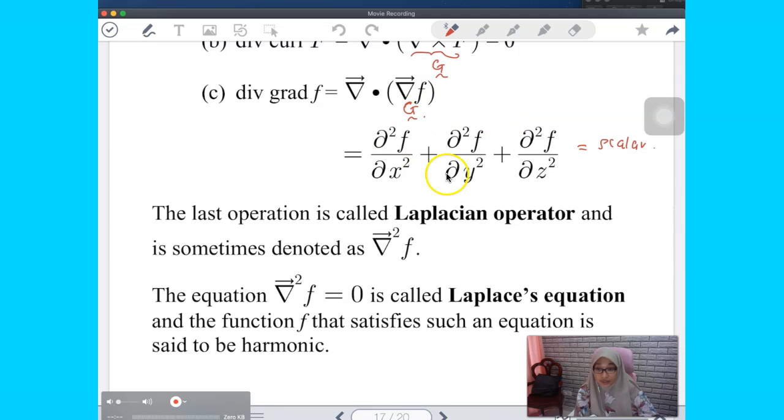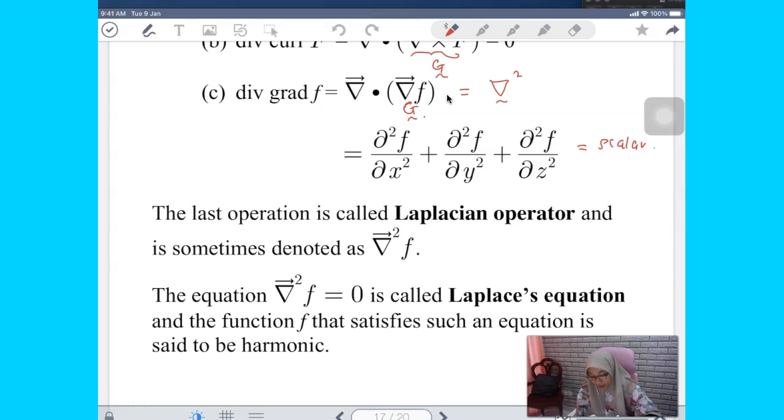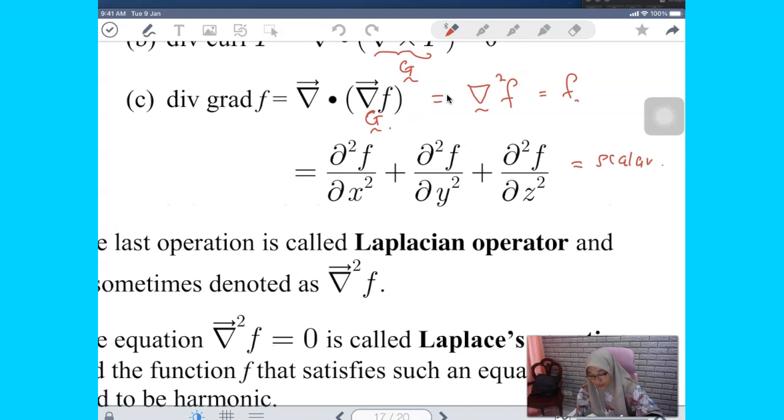So actually, this one is common, this operator. This special operator gives you f of xx plus f of yy plus f of zz. This is called the Laplacian operator, which means you can rewrite this as grad square f, where you put the second derivative for each component, f zz.